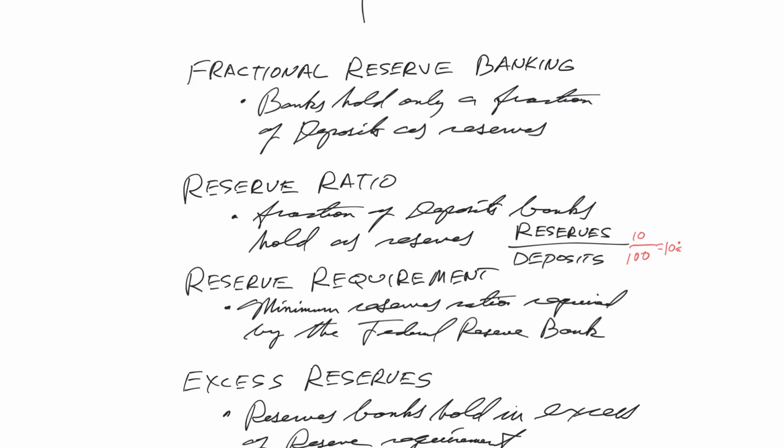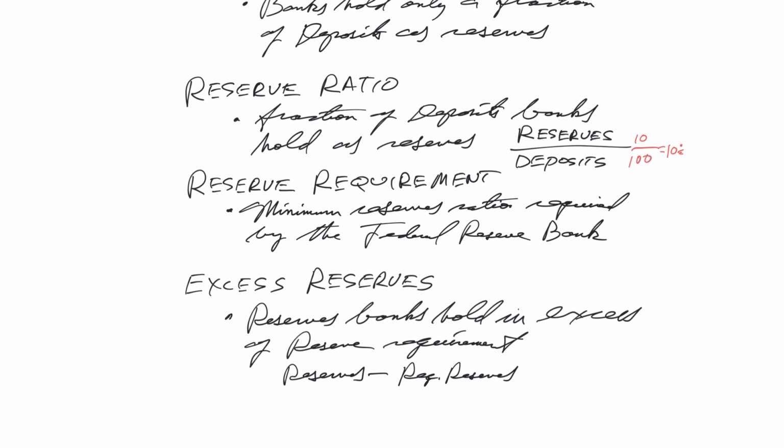And then excess reserves. These are reserves banks hold in excess of the reserve requirement, and it's just reserves minus required reserves. So let's say the reserve requirement is 10%, and the bank has $100 of deposits and is holding $20 as reserves.